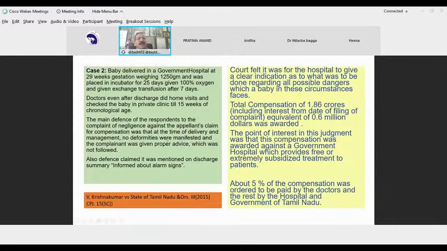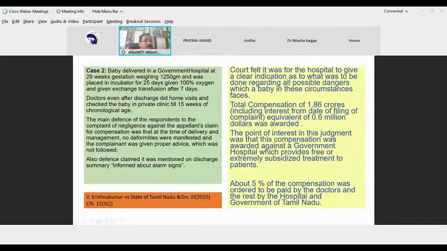The main defense which the respondents and the government doctors gave was that the baby did not have this when born, and developed it later. The court felt that it was for the hospital to give a clear indication as to what was to be done regarding all possible dangers. Just saying we have informed you about the danger signs or alarm signs is not good enough, and the highest total compensation of 1.86 crore, equivalent to $0.6 million, was awarded.